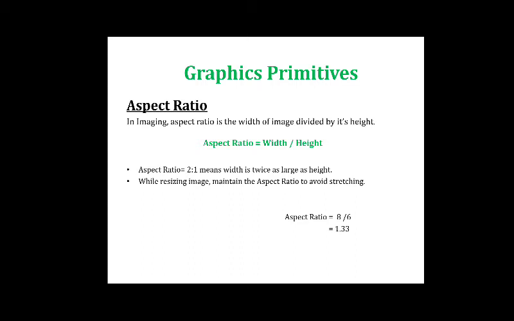Every image has some aspect ratio. Whatever image we open in our computer has some aspect ratio, which is the width divided by the height. So, if I say that the aspect ratio is 2:1, it means the width is twice as large as its height.